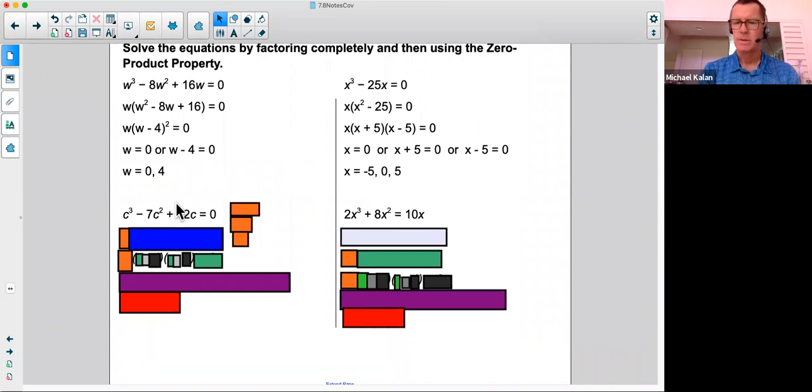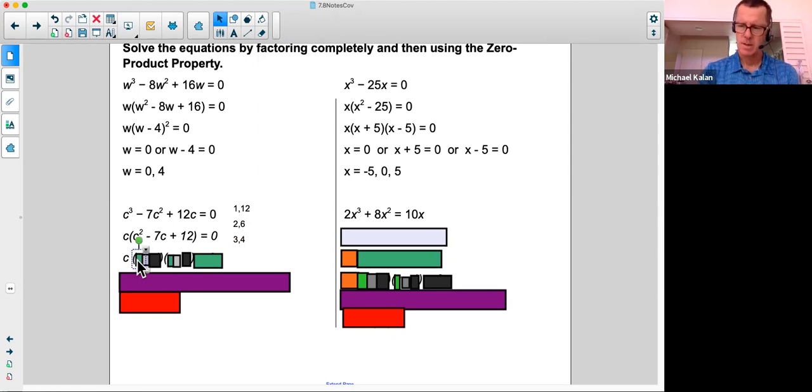All right, go bottom left. Go for it. Okay, so what are we going to take out as a GCF? A c. What's left? C squared minus 7c plus 12. It's a trinomial, so is it a perfect square trinomial? No. Last term is positive 12. That's not one of our perfect square numbers. So we're going to go old-fashioned or star. I'm going to go old-fashioned here. Factor pairs of 12: 1 and 12, 2 and 6, 3 and 4. Don't forget to bring your GCF down. What do my first terms have to be?